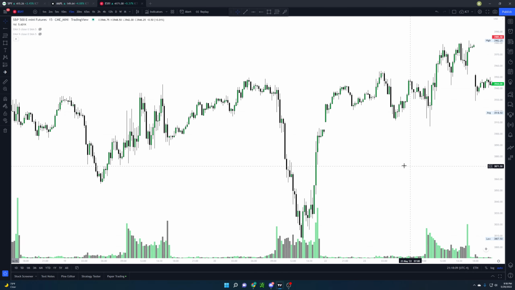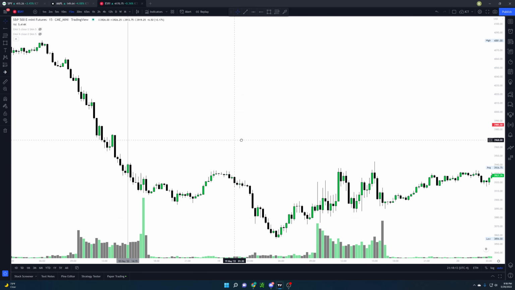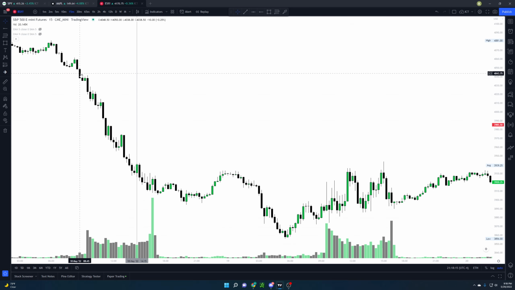All right, and then we can go back a little further. Here's the supply, right? So this is the drop base drop I was telling you guys about. So drop base, drop base, drop base, all these bases, these are zones, all of them, every single one. So you can take this zone here.